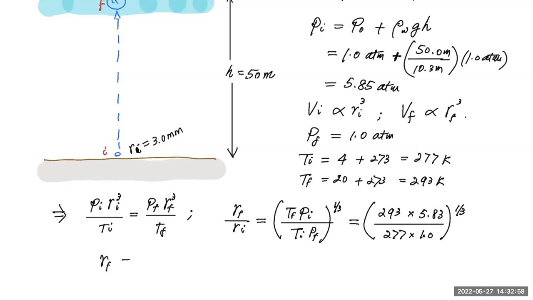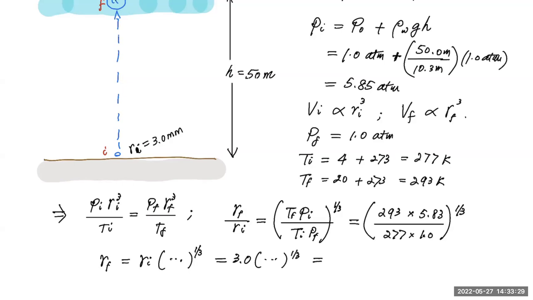So R final equals R initial times this factor, whatever factor you just calculated, to the power 1/3. And R initial is 3 millimeters. You do this calculation, 3 millimeters times this factor, and you can finish your numerical calculation.